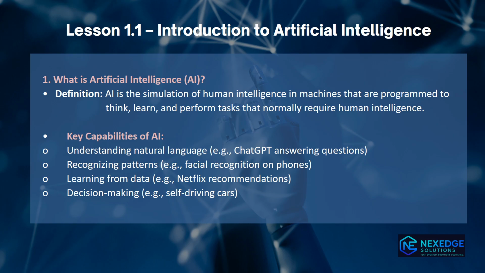So now, Lesson 1.0, introduction. Let's start with an introduction to artificial intelligence. So what is artificial intelligence? The abbreviation is AI, as we have all been hearing around. The full meaning is artificial intelligence.